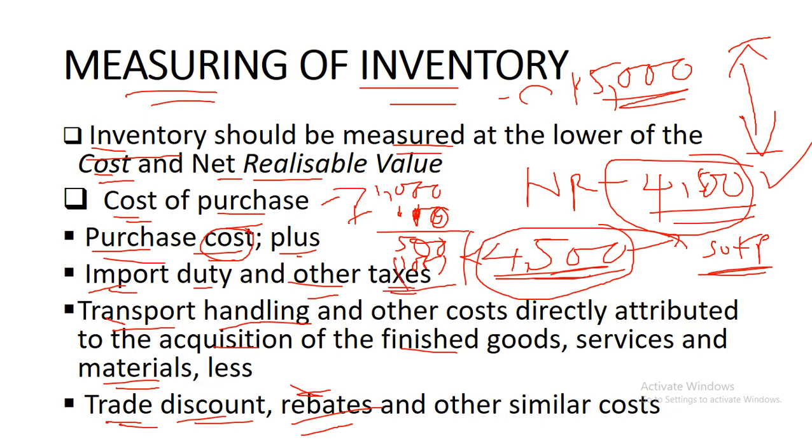So you've got 1,000 plus 10 plus 500, then you deduct the 100.